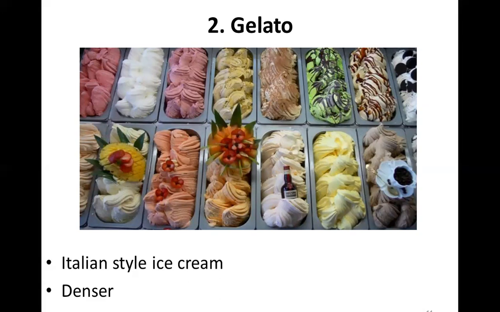These are also prepared from a mixture of milk, cream, sugar, flavorings, and sometimes eggs are added. So the content of the American ice cream and the Italian ice cream is the same, but the difference is that the gelatos are denser because while churning, less air is incorporated. That's why it becomes more dense.